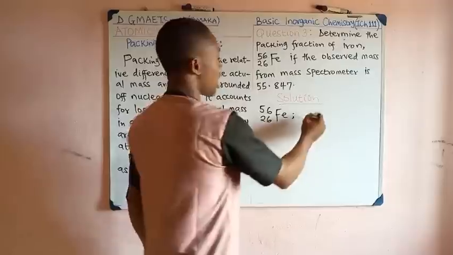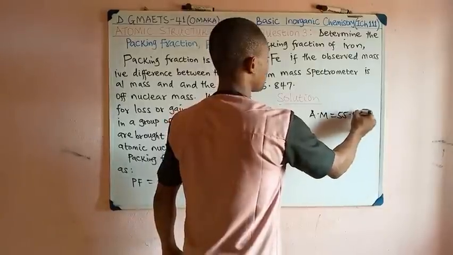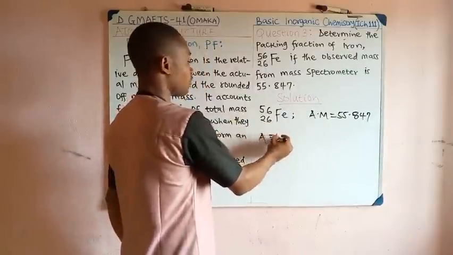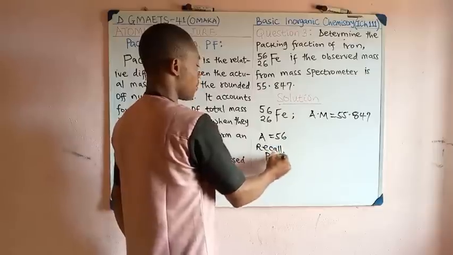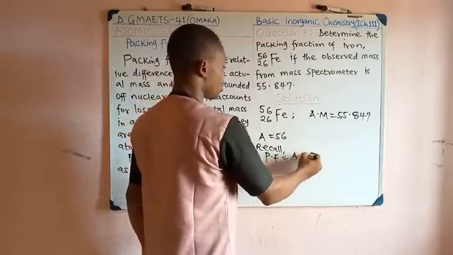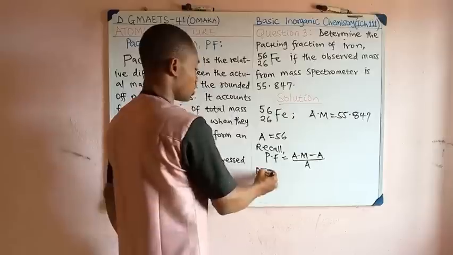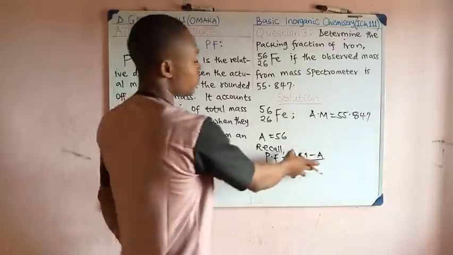Looking at the question, the actual mass was given to us to be 55.847. The rounded off mass here is the mass number of iron, which is 56. So you need to recall that packing fraction is equal to actual mass minus rounded off mass divided by rounded off mass. So what's going to be the packing fraction? We're going to substitute there. You have the relative difference formula here.